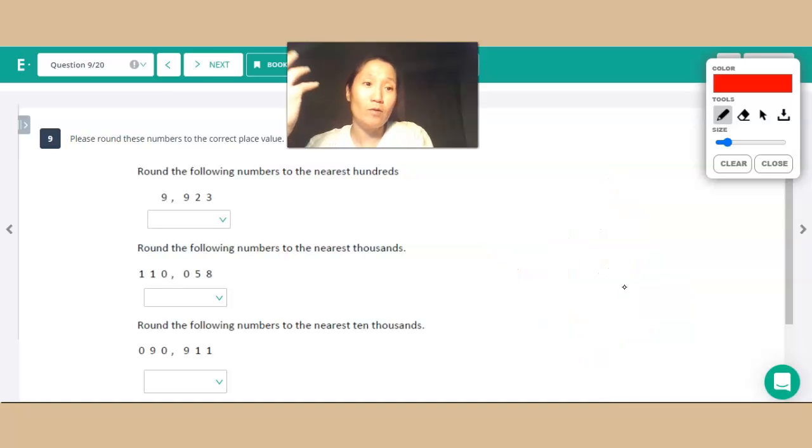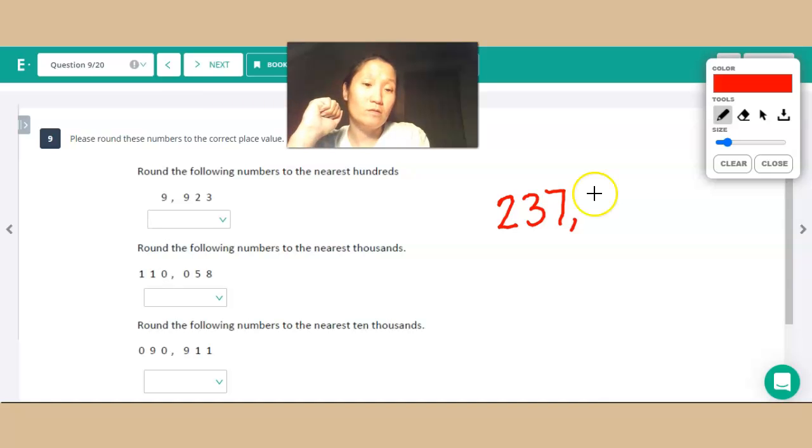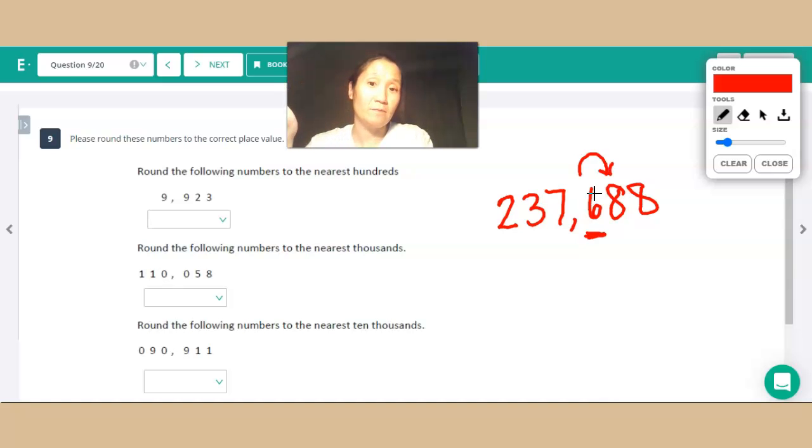Okay, so now we're going to do a whole other number. Let's work with a bigger number, up in the 100,000s. So I'm going to have 237,688. And we're going to round to the hundreds place. Okay, so we're going to underline that. Again, that 6 is going to look to the right and look at the tens.